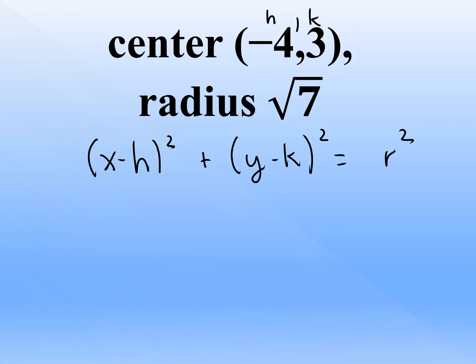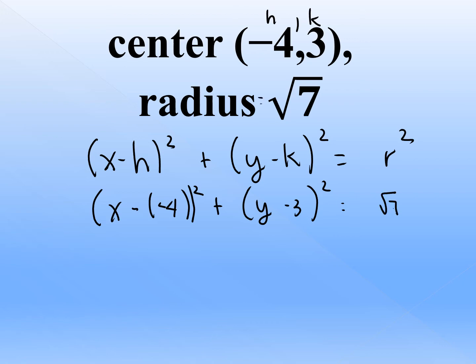So with that, we're going to substitute quantity x minus, instead of writing h, we're going to write negative 4 squared plus y minus 3 squared is equal to r. Your r is equal to square root of 7. So therefore, we're going to write or substitute square root of 7 squared.